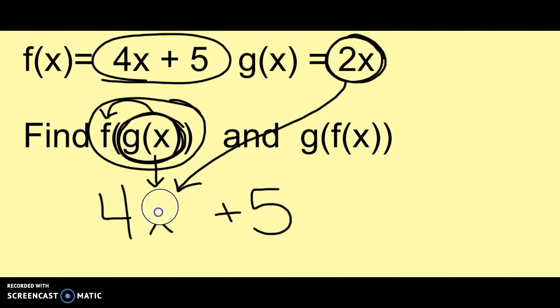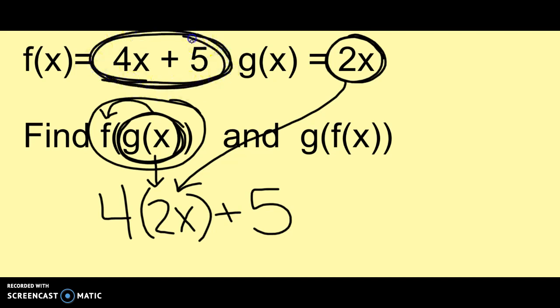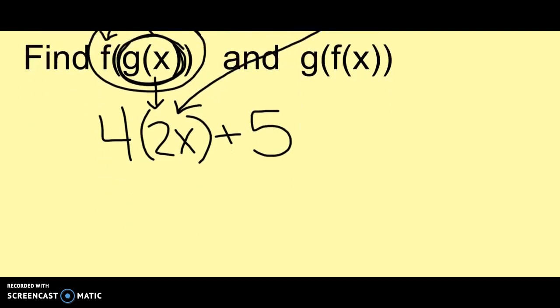So I'm going to erase this x and put in a 2x in its place. Just take that for a minute and digest that. I have the entire f function going on here, and I took out the x, and I'm going to put the 2x in for the x. Then I'm just going to go and evaluate that.